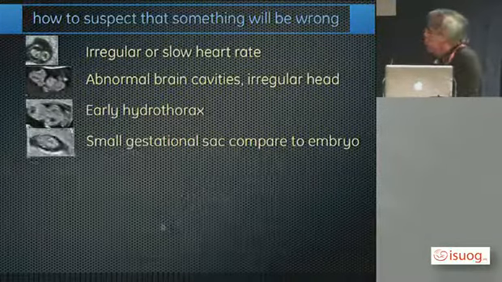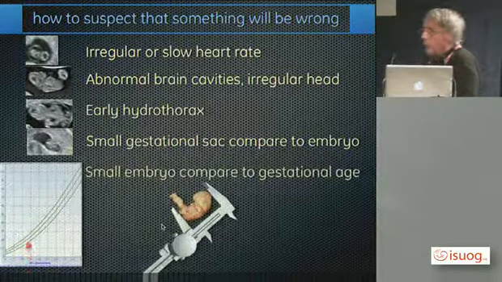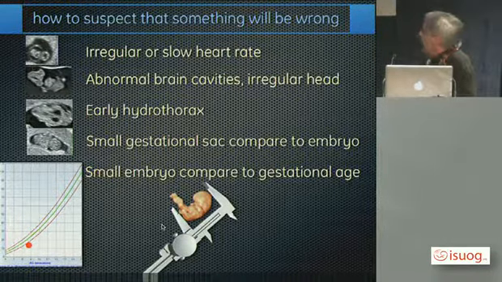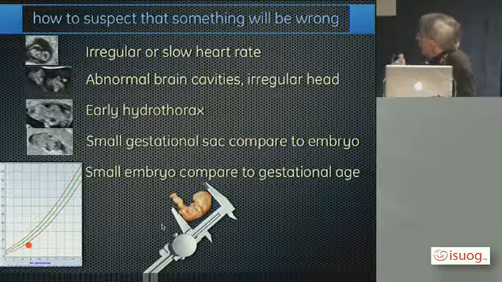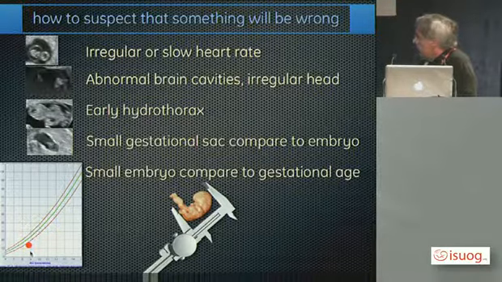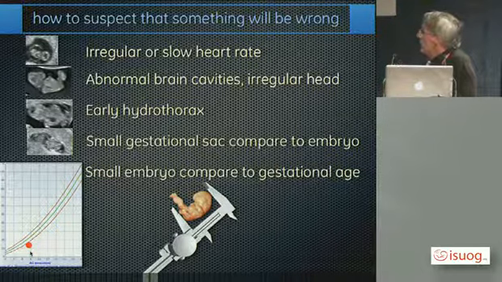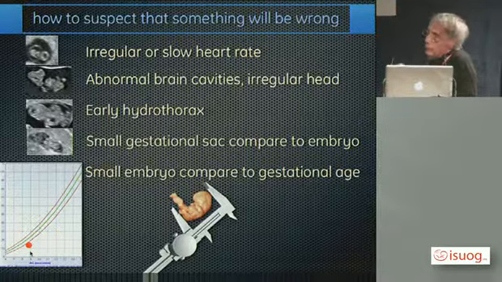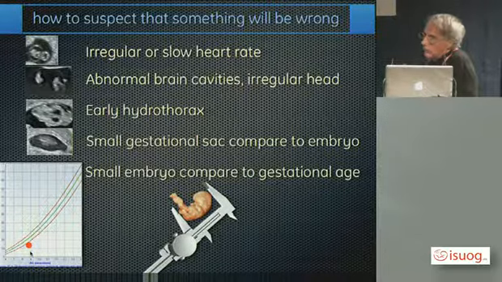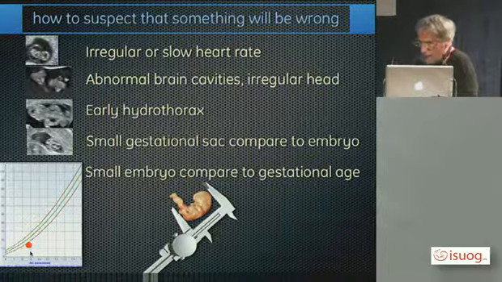And also if the embryo is small compared to the gestational age. Because if it's small like this, and you are sure of the day of fertilization, that means maybe it's a trisomy 13, 18, or triploidy. And look at this one.